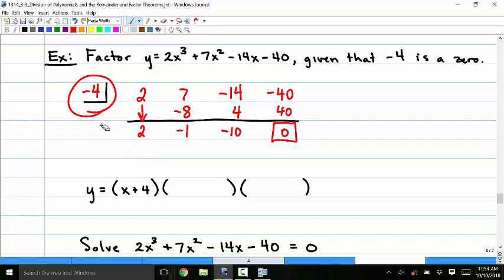Okay, what's left here? That's going to be 2x squared minus x minus 10. Does this factor? Yes. What does it factor to?